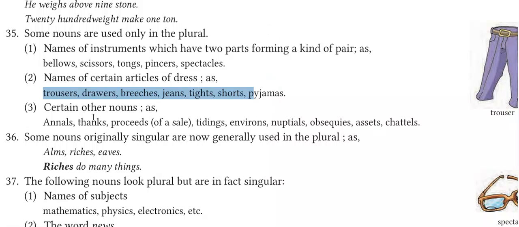Certain other nouns are annals, thanks, proceeds, tidings, environs, nuptials, assets. So these are examples which we use with s, in their plural forms.